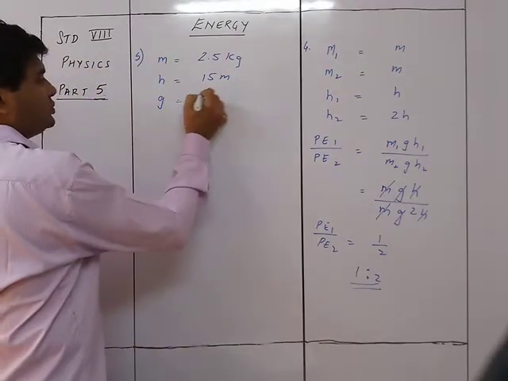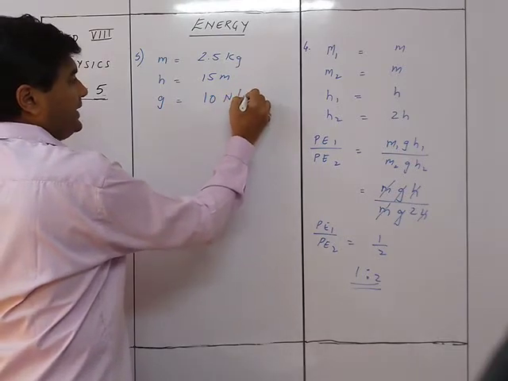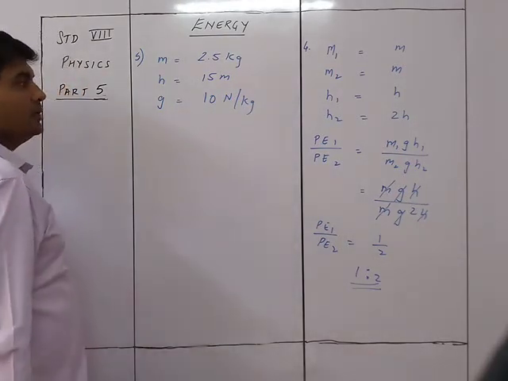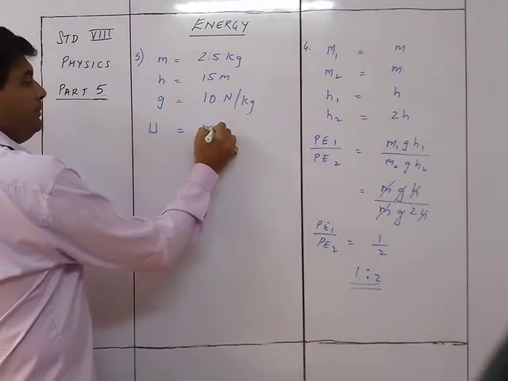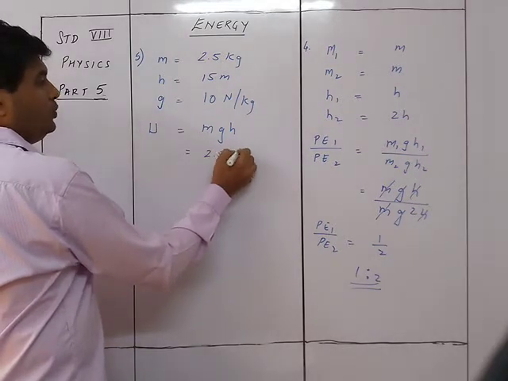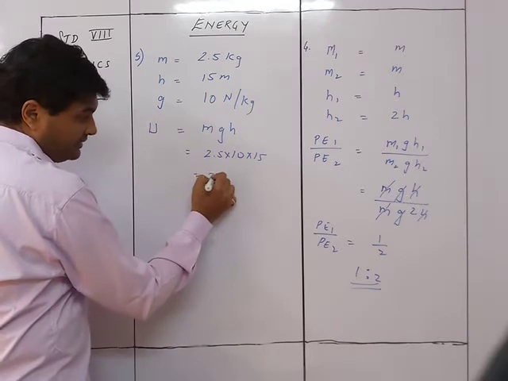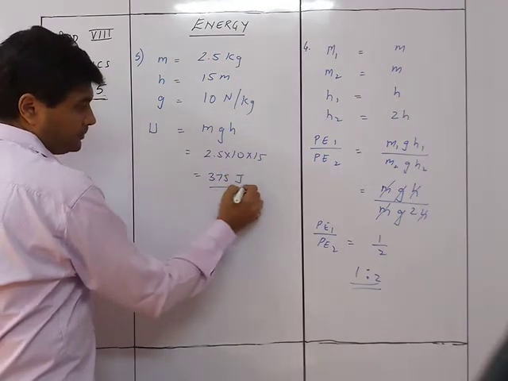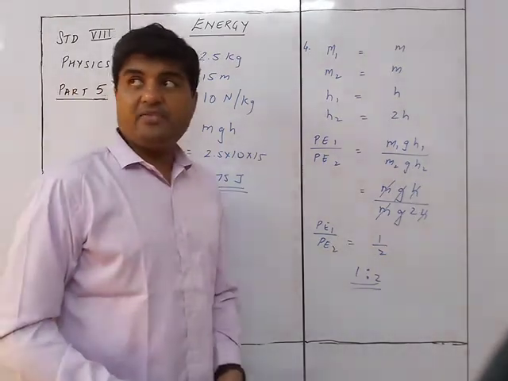The g is equal to 10 Newton per kg. Okay. So we get U, that is potential energy, is equal to mgh, which is 2.5 into 10 into 15, that is 25 into 15, which is 375 joule. So potential energy is 375 joule.